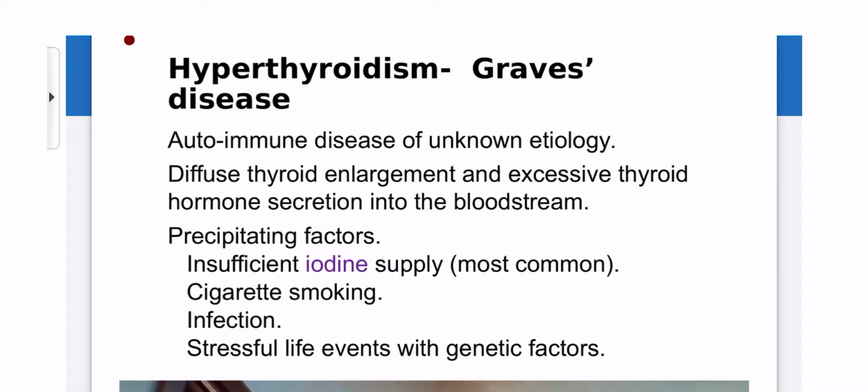And usually, the reason for enlarged thyroid, at least in the third world where they don't have seafood or they don't have iodized salt, the problem is insufficient iodine. But cigarette smoking, infection, and stressful life situation can also contribute to Graves' disease, or bringing on those symptoms.